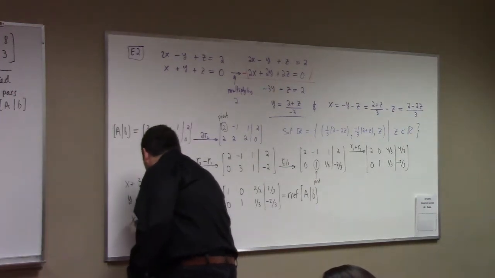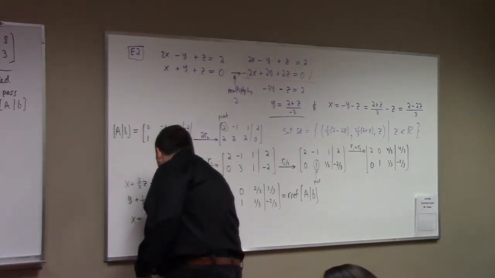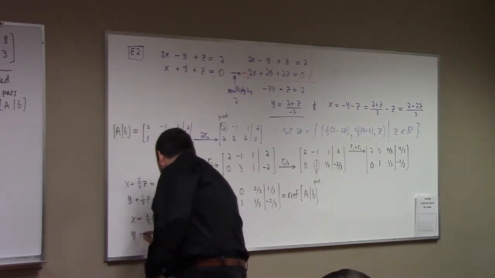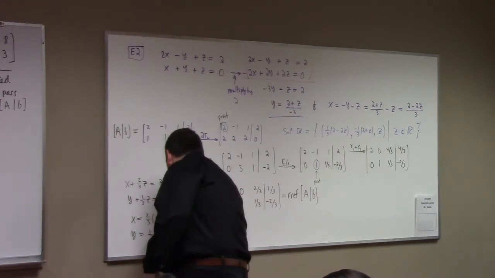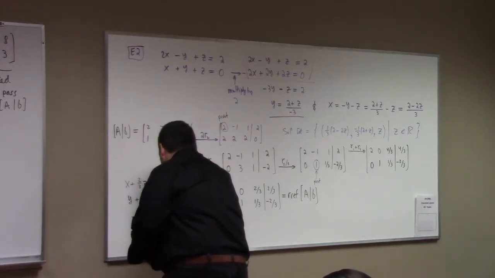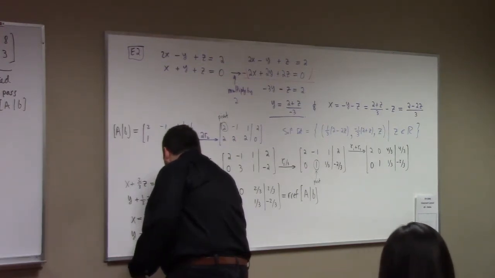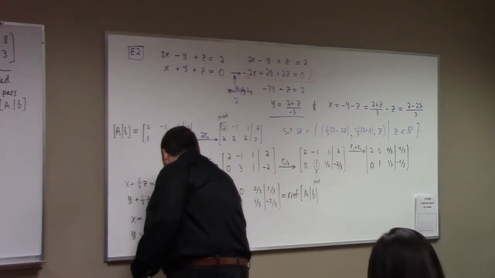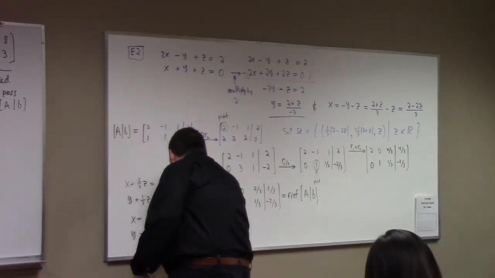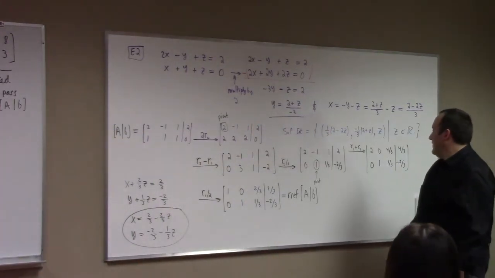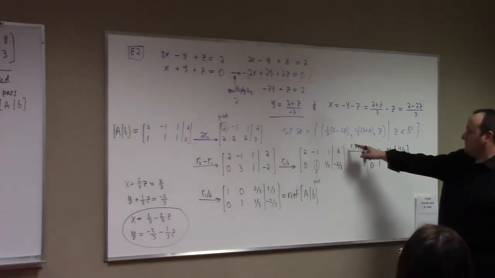So x is equal to 2/3 minus 2/3 z, and y is equal to minus 2/3 minus 1/3 z, for any z. And isn't that what I have over here?